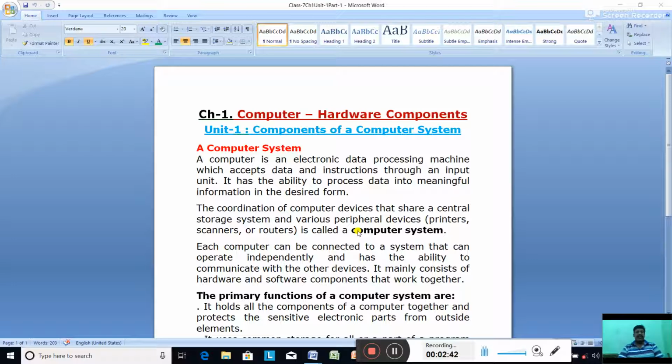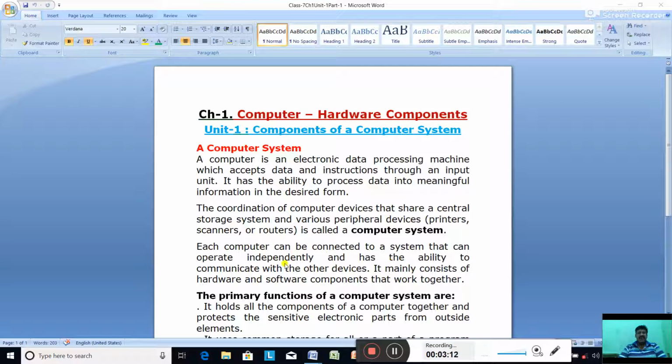So the coordination of computer devices that share a central storage system and various peripheral devices is called a computer system.